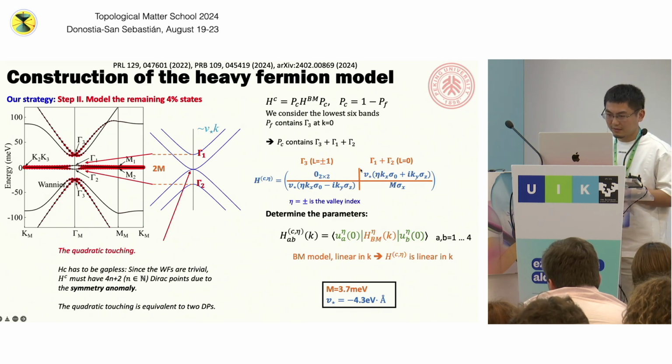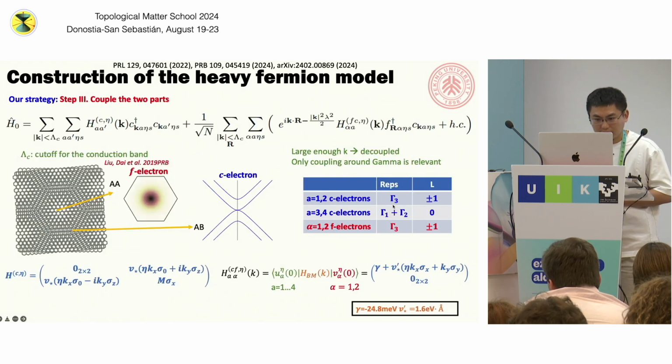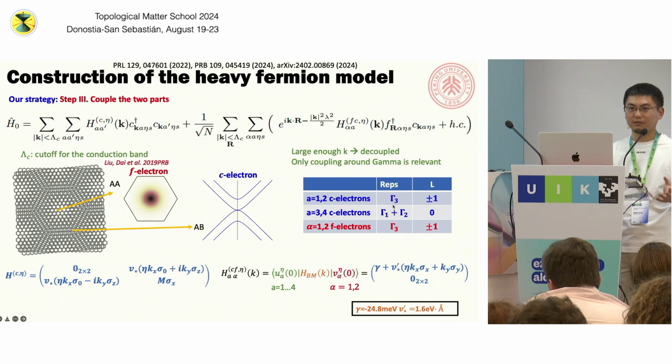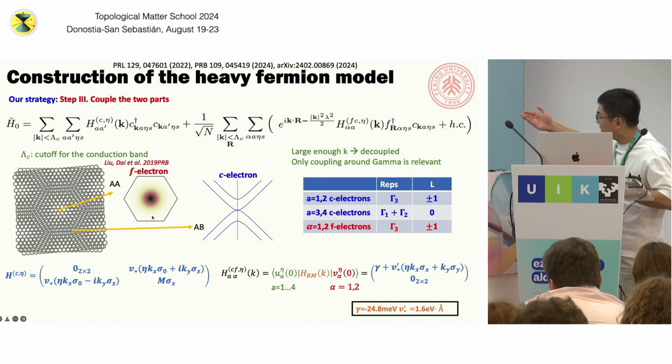Basically, this is simply constrained by the symmetries, and all the parameters we can read from our construction. So now we have a simple picture for the band structure. I have explained that the Wannier functions are located at the triangular lattice, which is the AA stacking regions.